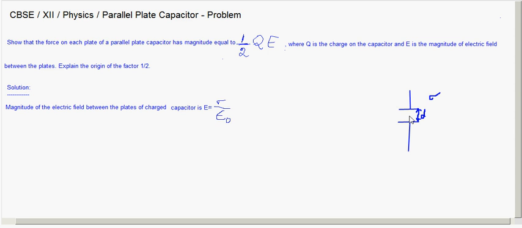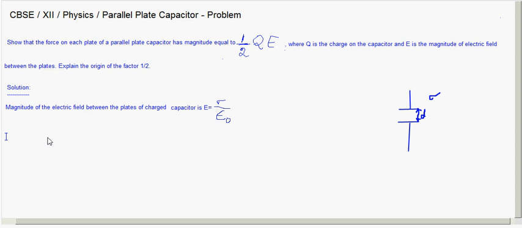However, if I consider magnitude of electric field of one plate on the other, then we get it as sigma by 2 epsilon naught. Because once we know the electric field, we can easily calculate the force. Force is nothing but Q into E, we know.